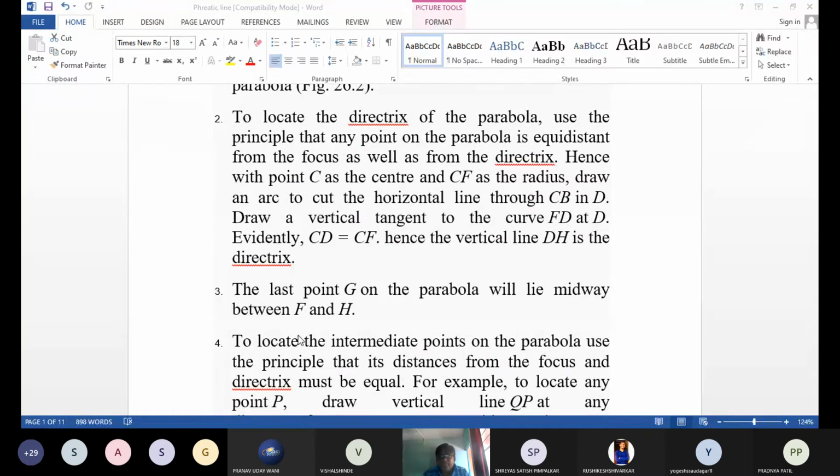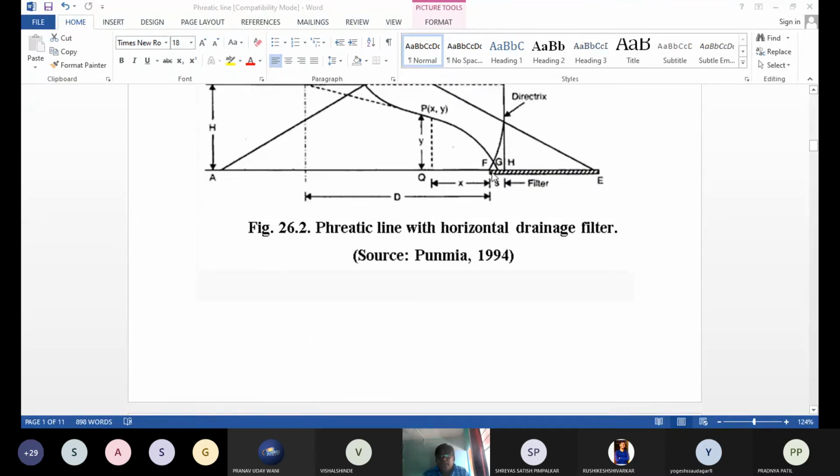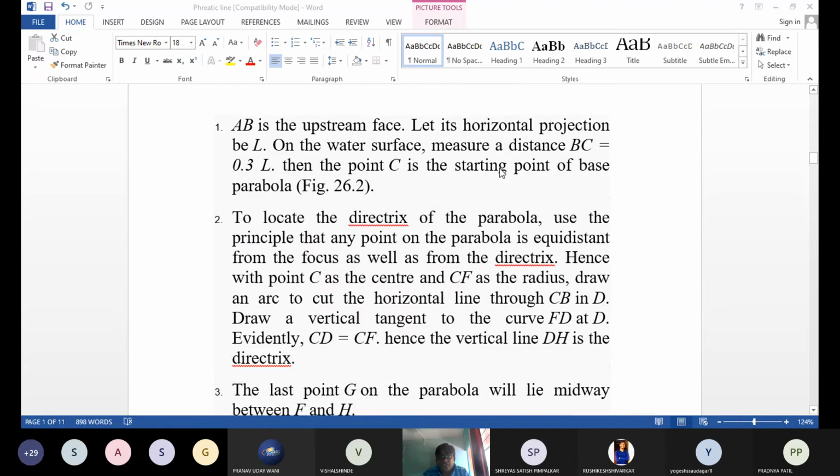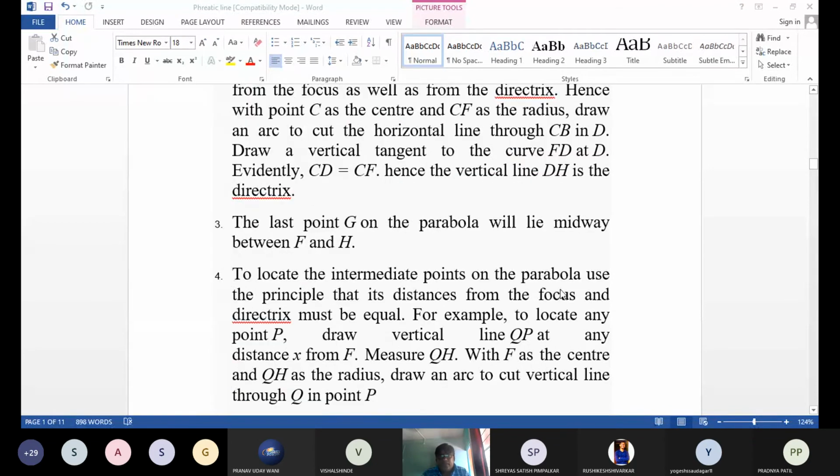The last point G on the parabola lies midway between F and H. F is the starting point of the filter, H is where the directrix intersects, and the midpoint is located at G, where your phreatic line ends at the filter.